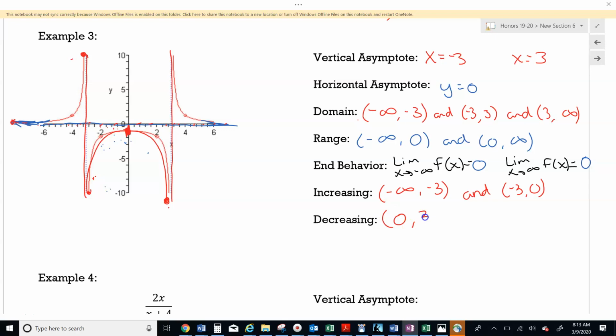So from 0 to 3. And then my next piece, on the left I'm up here, on the right I'm down here, it's gone down. And so now I go from 3 to infinity.